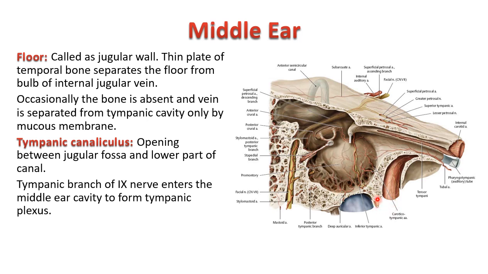Okay, so that tympanic canaliculus you are able to see between the jugular fossa and the lower part of the carotid canal. You are able to see that this is the lower opening of the carotid canal. The upper opening of the carotid canal is anteriorly, and that will be the posterior end of your foramen lacerum.